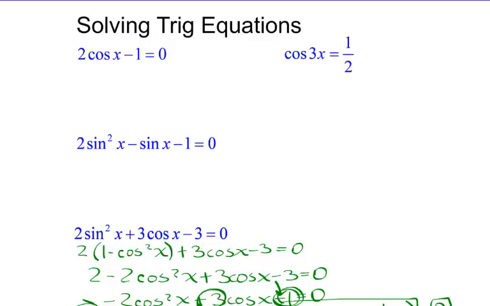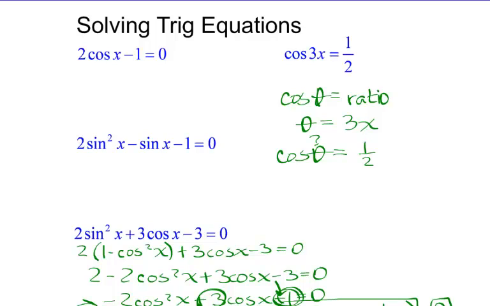This one is a little bit different. We have the cosine of an angle measure that equals a ratio. Now, it just so happens that that angle measure is 3 times x. So I would answer this question simply by saying the cosine of what angle measure equals +1/2.